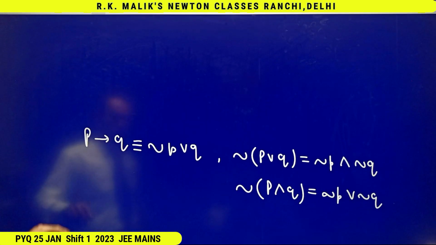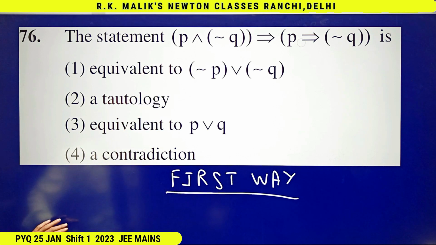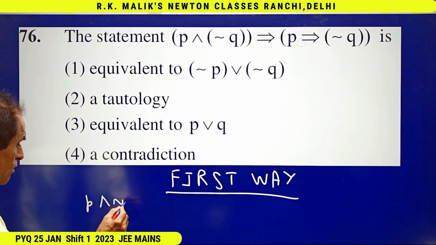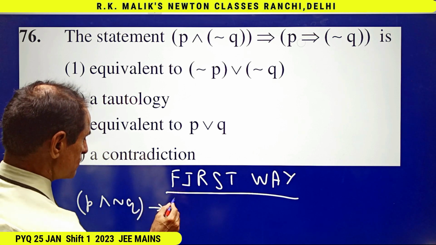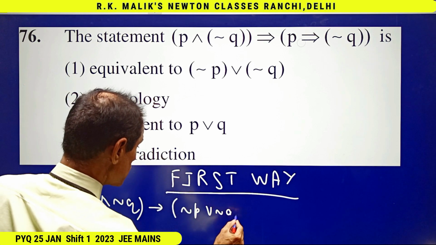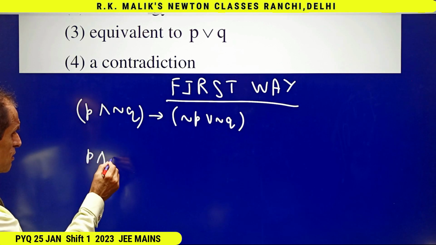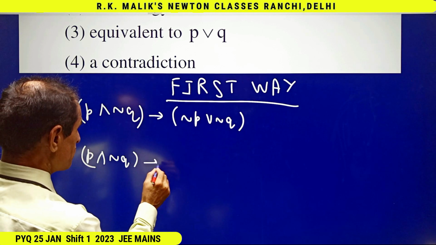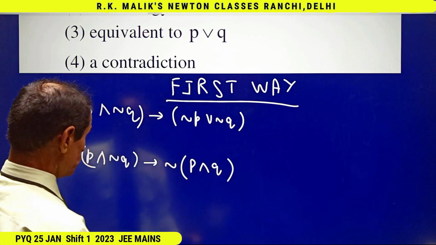And now using this formula, this statement can be written as P and negation Q implies negation P or negation Q. That is, P and negation Q implies negation of (P and Q).